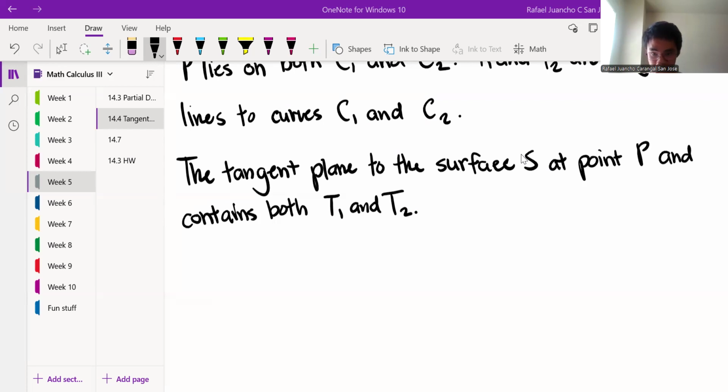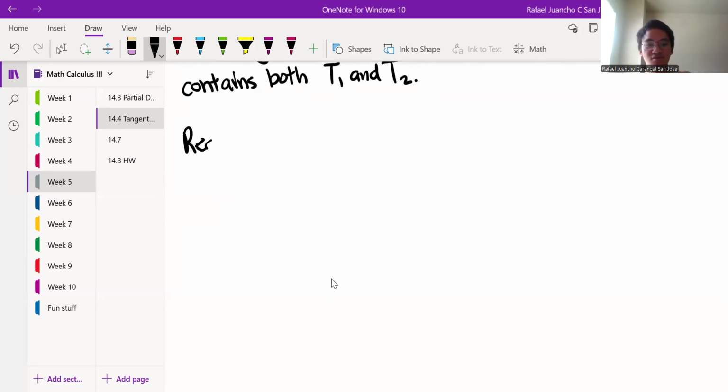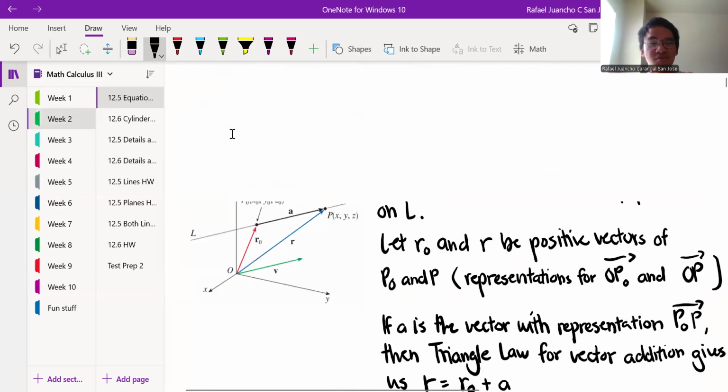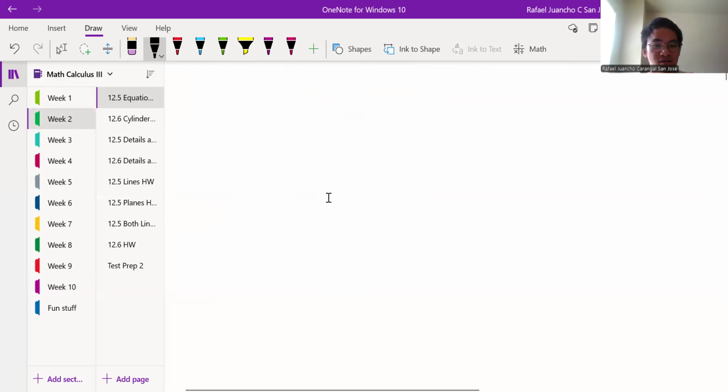And we know from a previous topic the equation of a plane passing through any point, right? So let's do a brief recall. Previously we talked about equations of planes, right? This was week 2. If you want to check it out, it's equations of planes, 12.5.